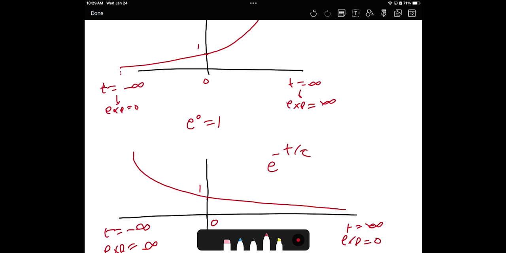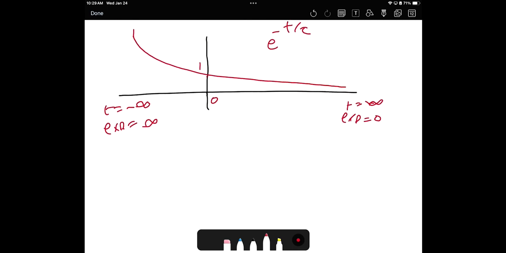Just make sure that tau is the time constant, 1 over tau is the decaying rate, so the larger decaying rate is the faster system.